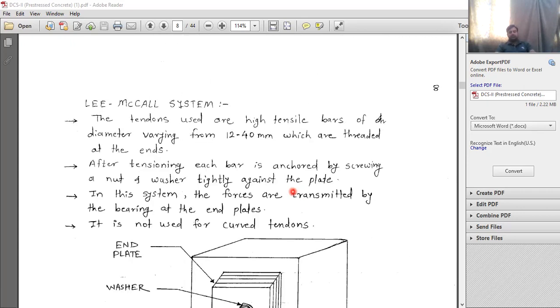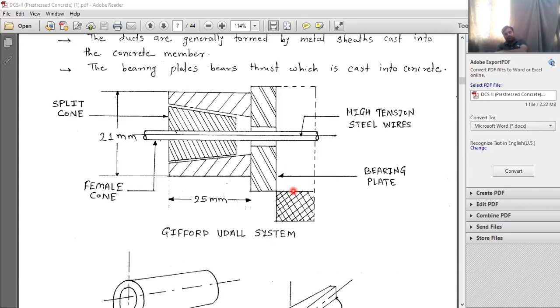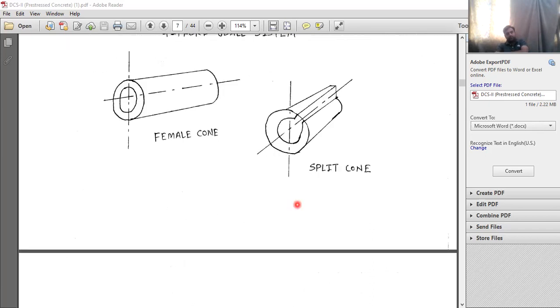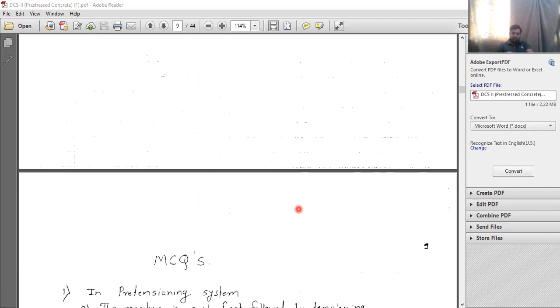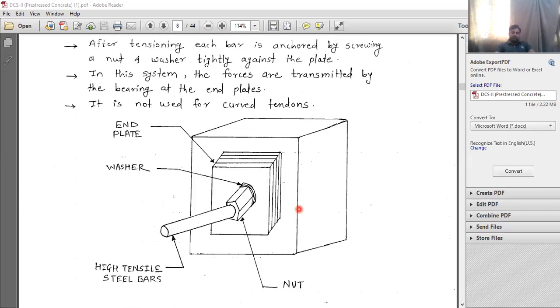So with this, the first unit, prestressed concrete, is over. This is totally a theoretical unit. I have told you every system: what is prestress, what is pre-tensioning, what is post-tensioning.